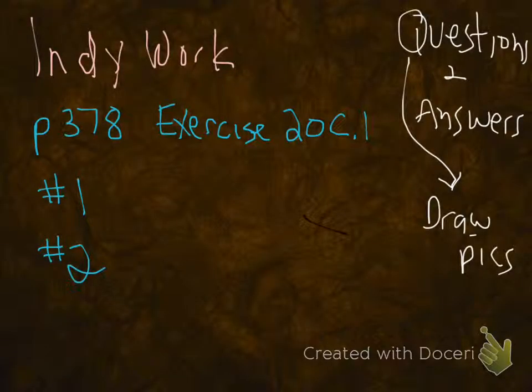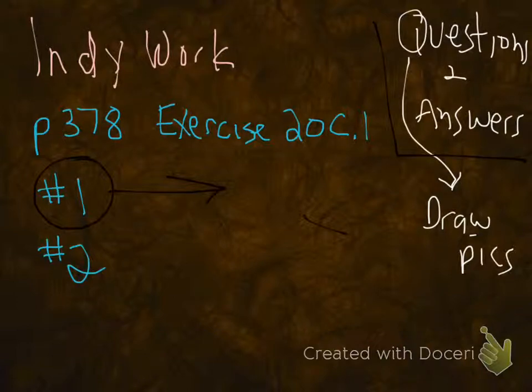Okay, your independent work, if you did not do that already in class, here is what I'm asking you to do. It's page 378, exercise 20C.1, and numbers 1 and 2. Number 1 has a lot of questions within it, so please answer all the questions within number 1 and number 2. And like always, questions and answers, please.